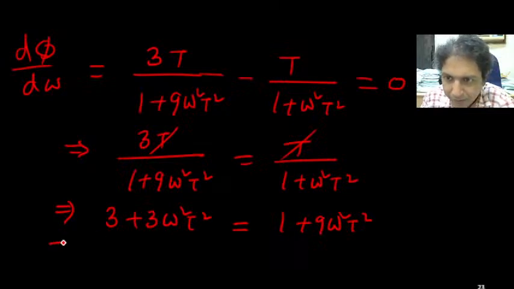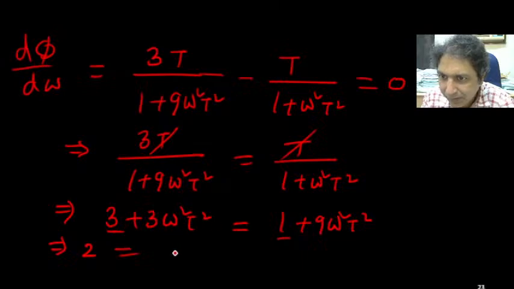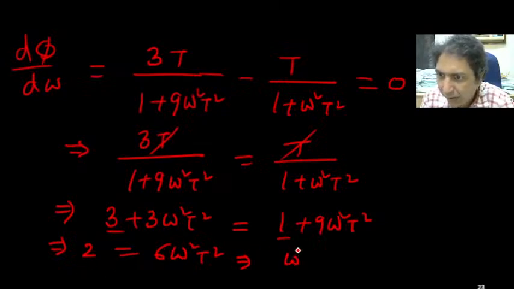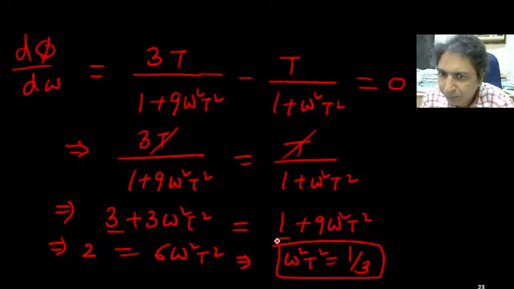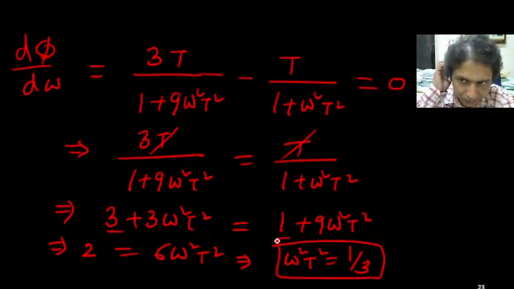If you solve it, 3 minus 1 is 2, and 9 minus 3 is 6 omega square T square, so omega square T square equals 1 by 3. Is it okay? Right?